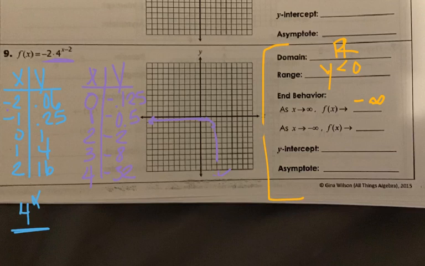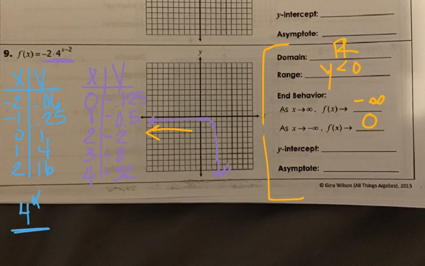Now let's look at as x approaches negative infinity. As we're approaching negative infinity, your y value is approaching what? It's approaching 0 because it's approaching your x-axis.